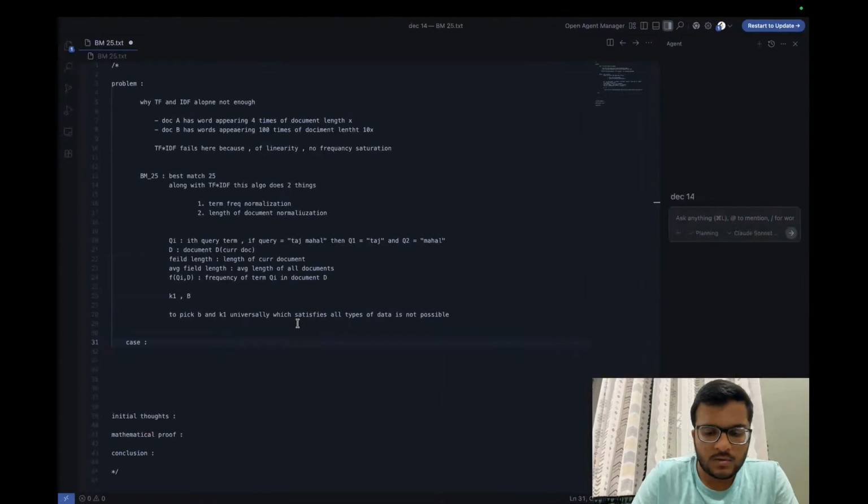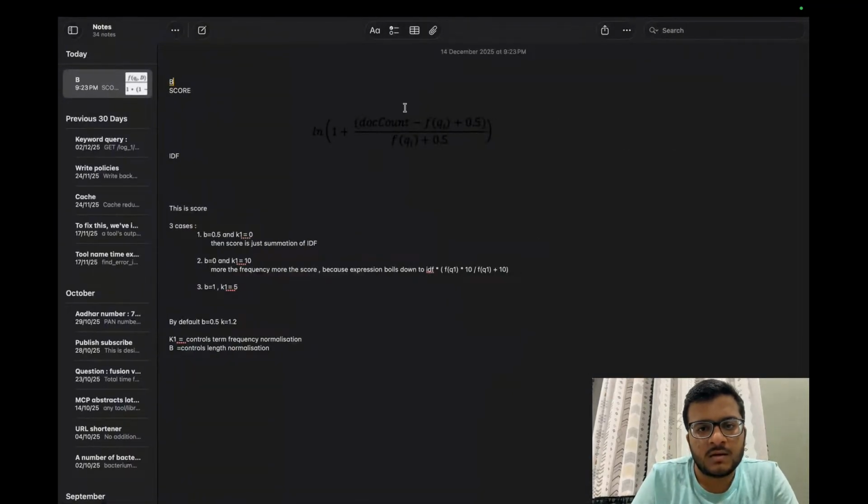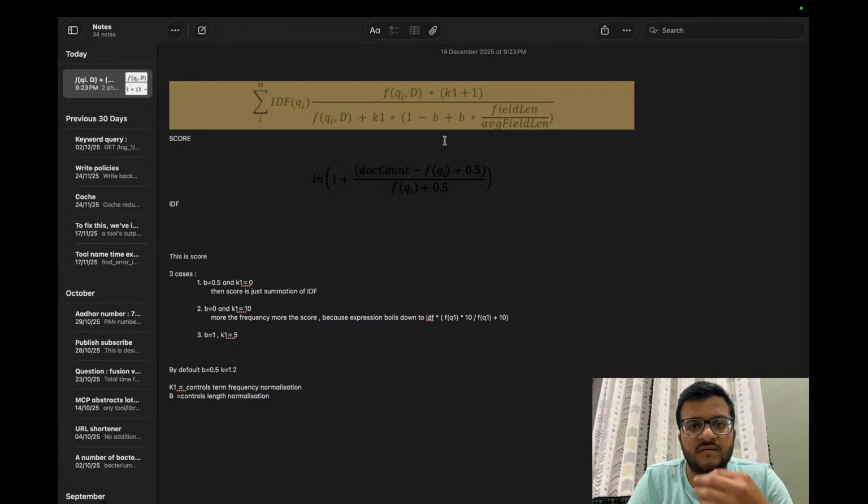Let's take B equal to 0.5 and K1 is 0. If K1 is 0, what happens to this formula? Where is this formula? Yeah. If K1 is 0, this entire term will be 0.